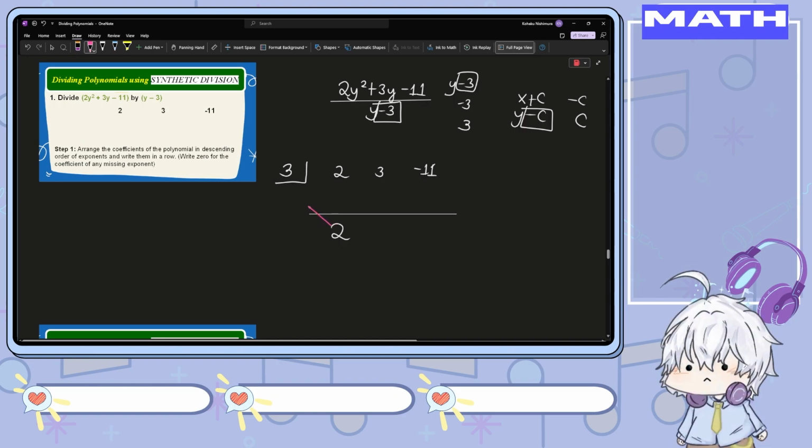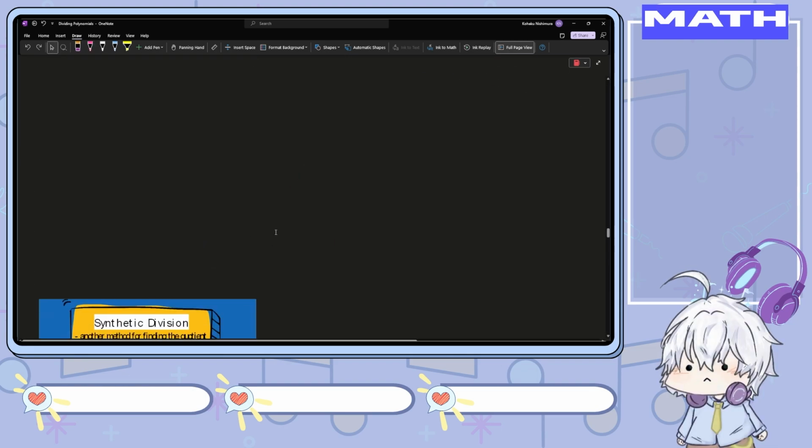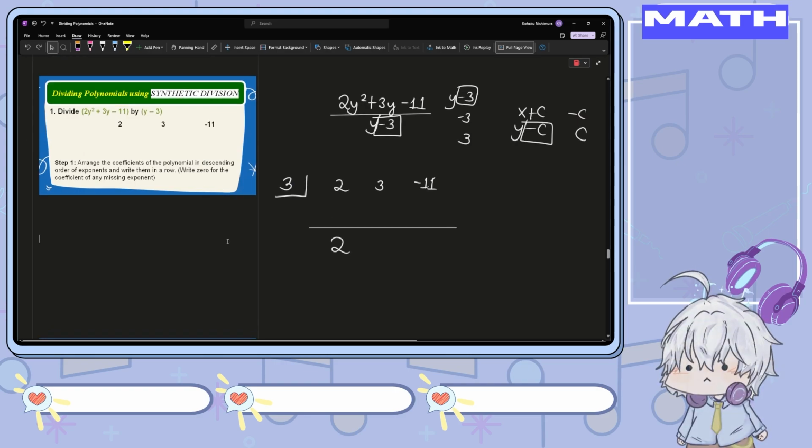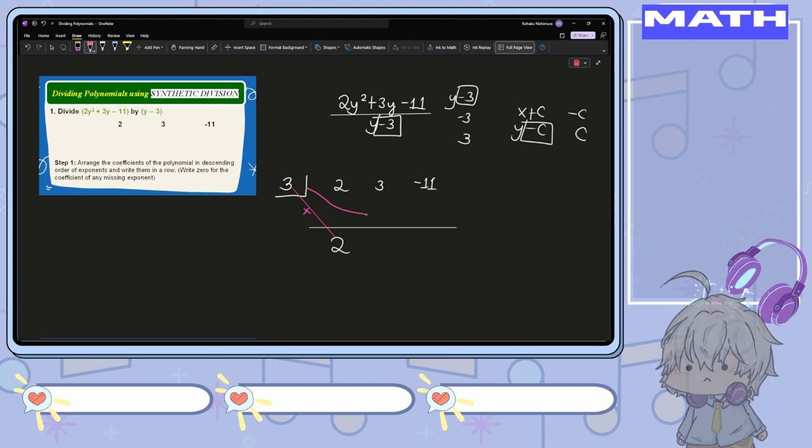We multiply the thing that we brought down, which is 2, to what we wrote here earlier, which is 3. So this will become multiply, and whatever is the answer, we will put that below the next one. It should look something like this.